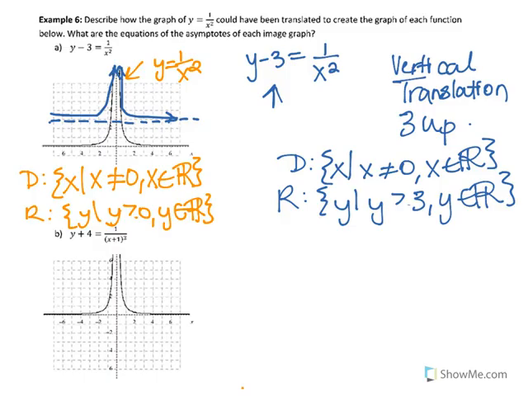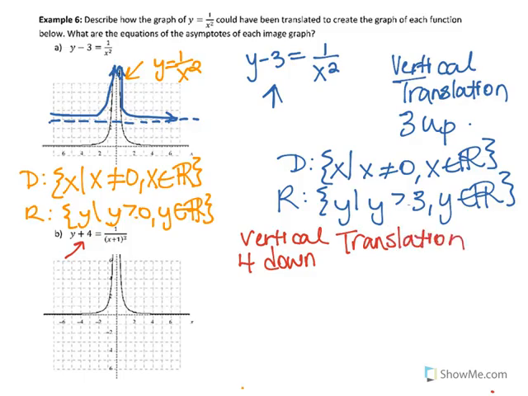Okay. Next one. We have 2 translations. We have a translation of 4 down, a vertical translation. And we have a horizontal translation, 1 to the left.